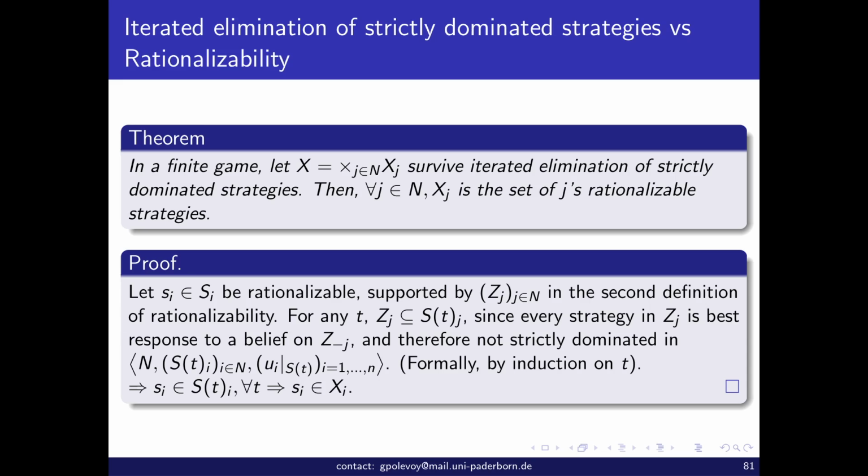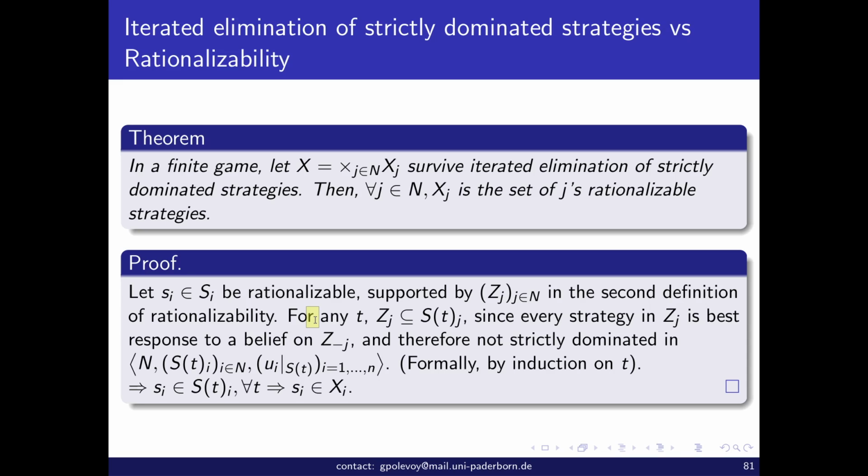Now the proof is as follows. Actually it goes in two directions. First of all, let si of player i be rationalizable, and let's prove that it survives any iterated elimination of strictly dominated strategies. So rationalizable, according to the second definition, means there are Zj's, those sets which support this rationalizability.